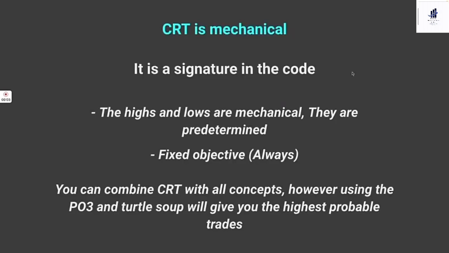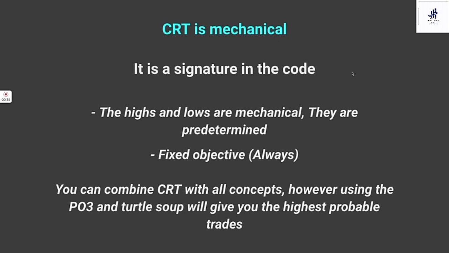CRT is mechanical. It's a signature in the code. The code of what? The code of the markets. So ICT teaches us to understand that there is an algorithm controlling these markets. Every single algorithm has a code. Within that code, you can look for specific signatures that repeat. And this is exactly what CRT is.